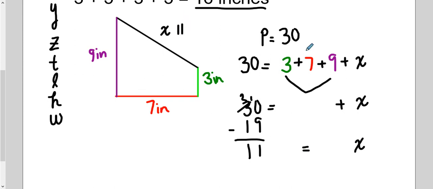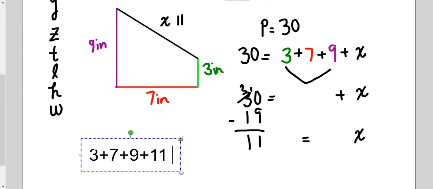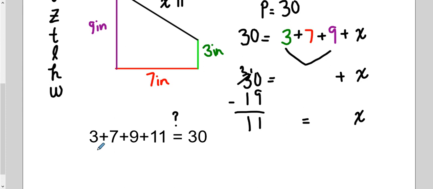Well, how do I know that for sure? Well, you can go back and add up the numbers. What do we get when we add 3 plus 7 plus 9 plus 11? Does that equal 30? So we'll put a question mark here and see. Well, I got some good compatible numbers here, numbers that are pretty easy to add.